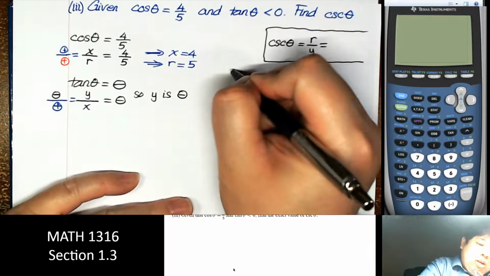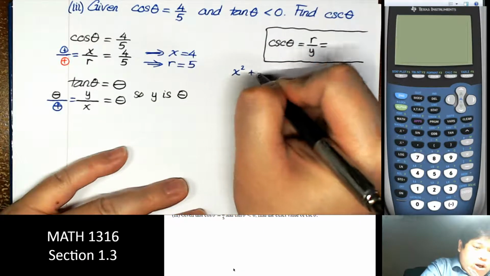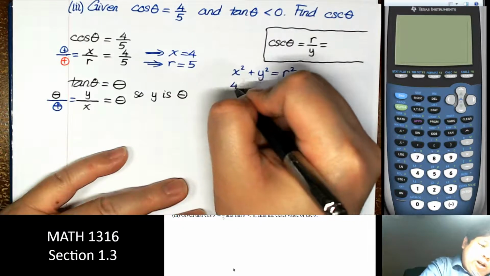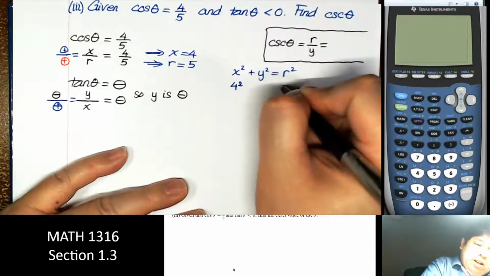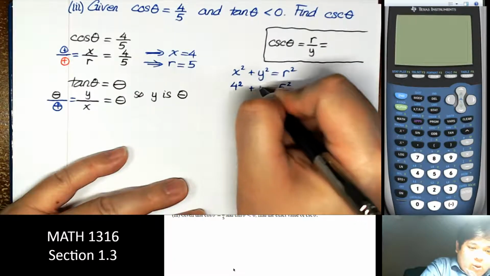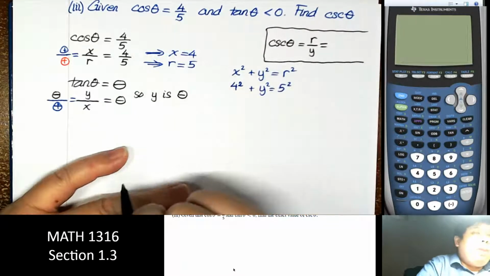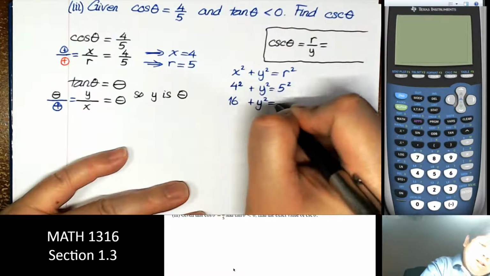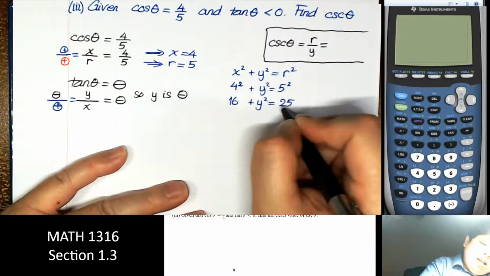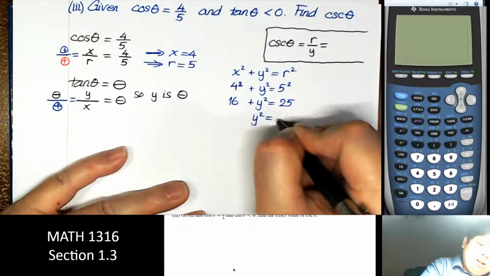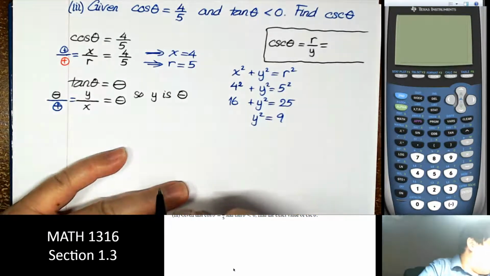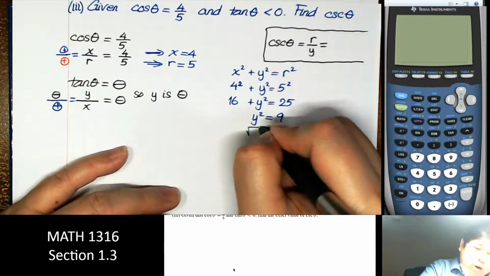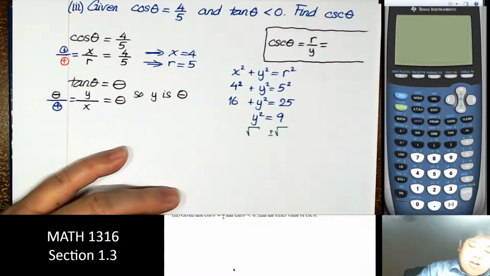Regardless, we have the Pythagorean theorem, x squared plus y squared equal to r squared. 4 squared for x, 5 squared for r, y squared, we don't know. That would be 16. Subtract 16 from 25, and then take the square root on both sides. Every time we do that, there's plus or minus.